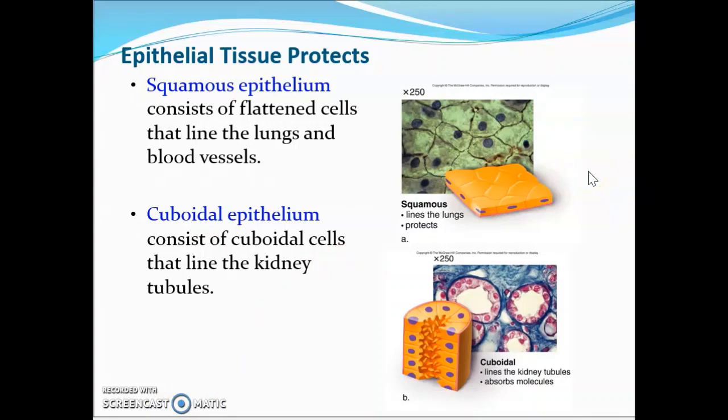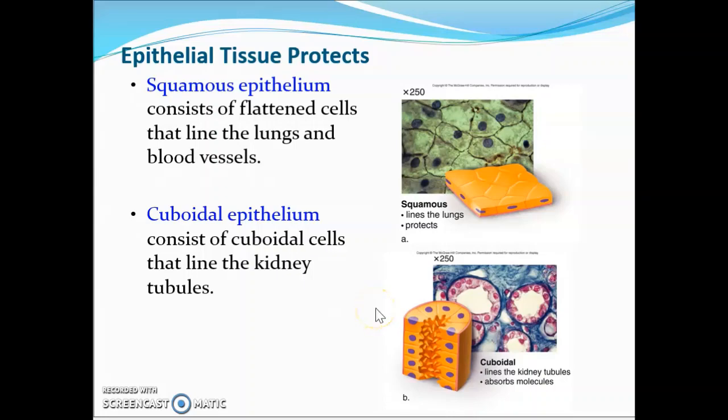Now we shall begin by looking at the structure as well as the characteristics of the first epithelial cells, which is the squamous epithelial cell. These cells are flattened in terms of the structure, as shown here. Squamous epithelial cells can be found in the inner lining of the lungs as well as in the blood vessels.